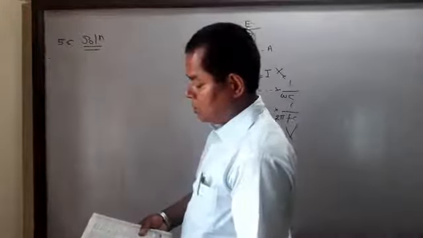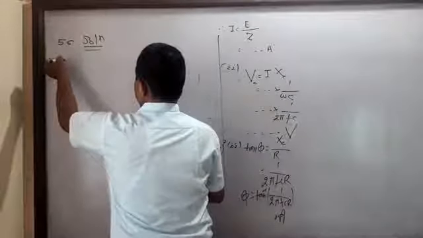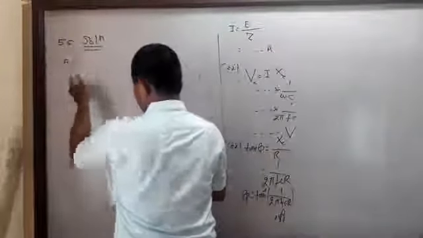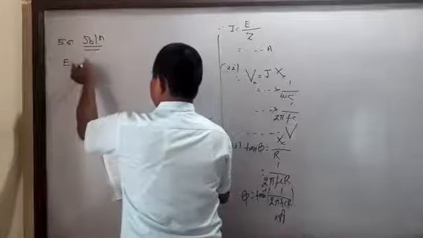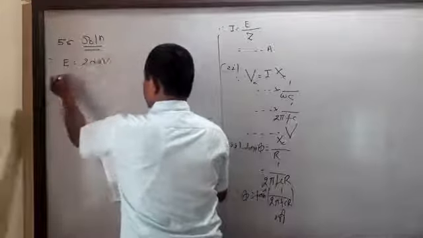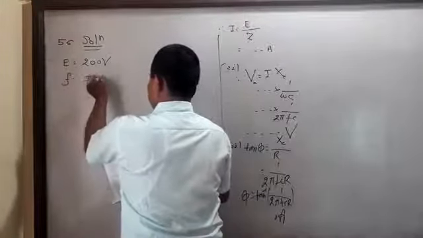Then what is it telling us? The circuit contains an AC mains with voltage E equal to 200 volt, whose frequency is equal to 50 hertz.